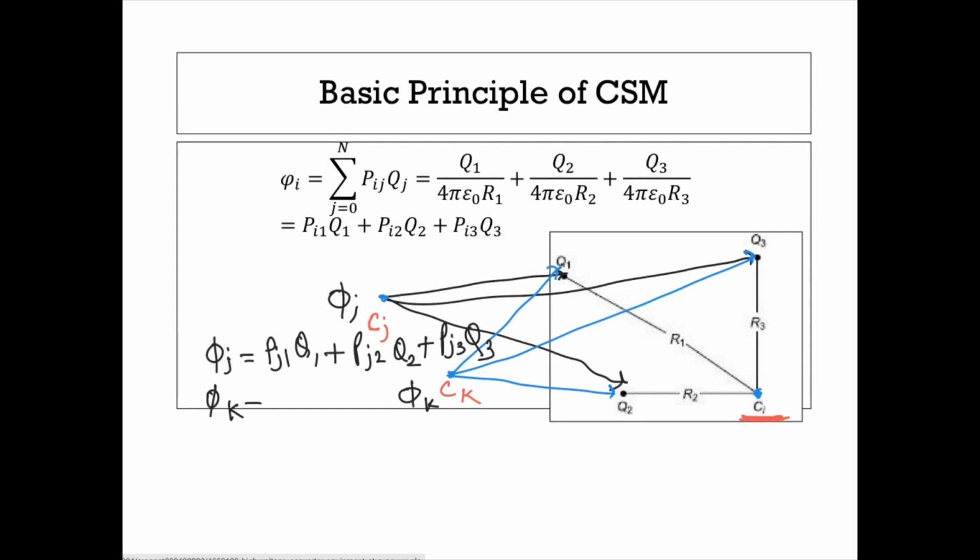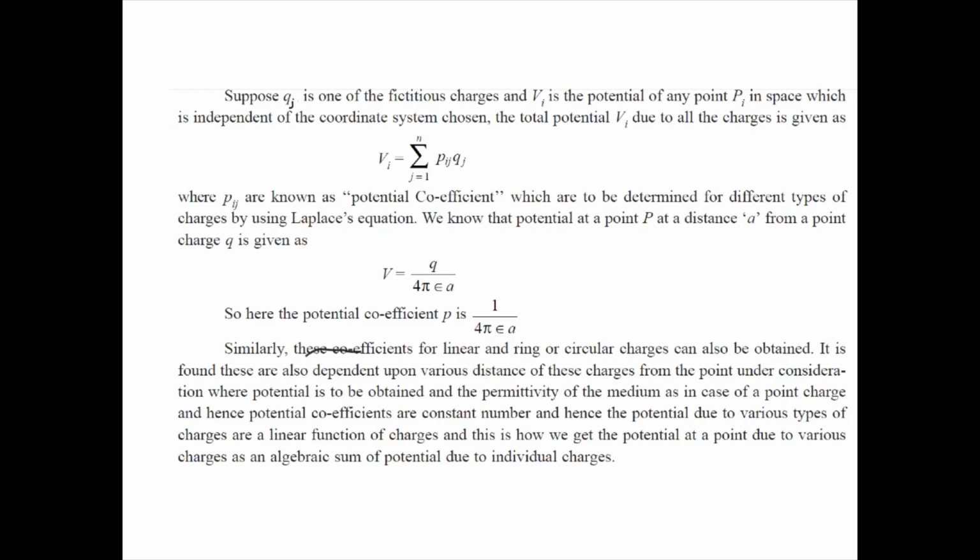Similarly, we can write the equation for phi k in terms of q1, q2 and q3, and then all these 3 equations can be written in matrix form. So this is done on the next slide. So this is all that we discussed earlier.